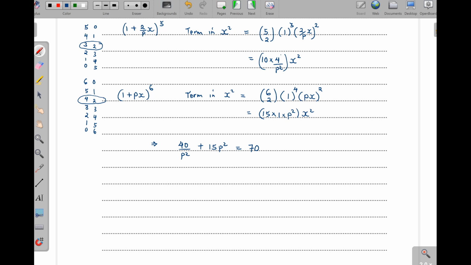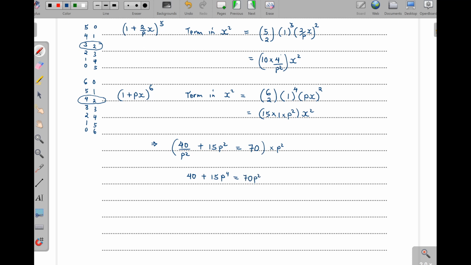Then from here, I'll eliminate the denominator here, so I'll multiply all through by p squared. When I do so here, I'll have a 40, then here I'll have 15p to the power of 4, and then this one will be 70p squared.